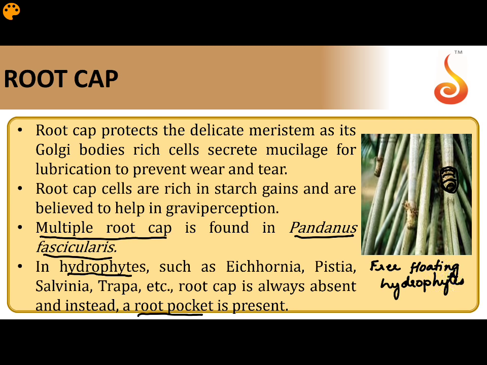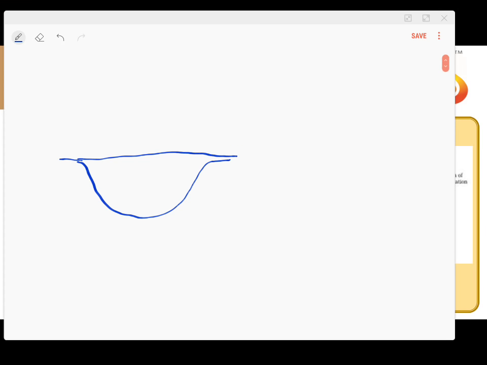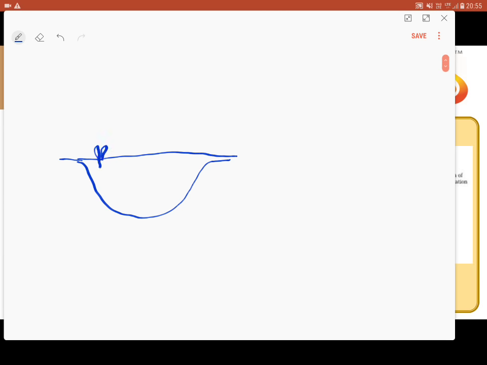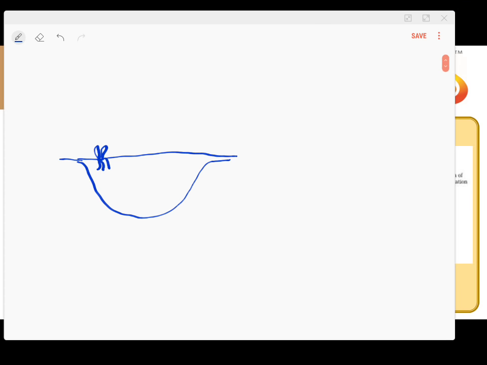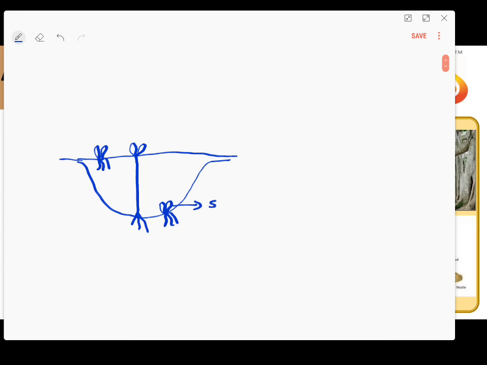Now, what do you mean by this? Understand very clearly that hydrophytes are of 3 different types. Assuming this is a pond or a lake, one set of hydrophytes just float on the surface like this. Another set of hydrophytes have leaves at the tip, but their roots are in the ground. And another set is submerged. This is a submerged plant.